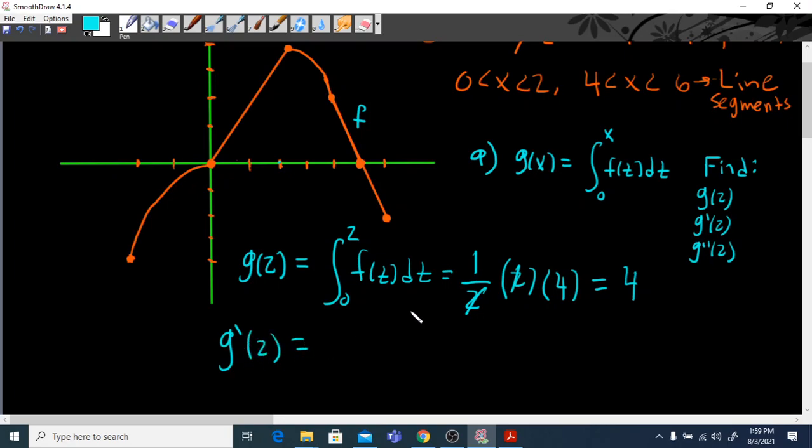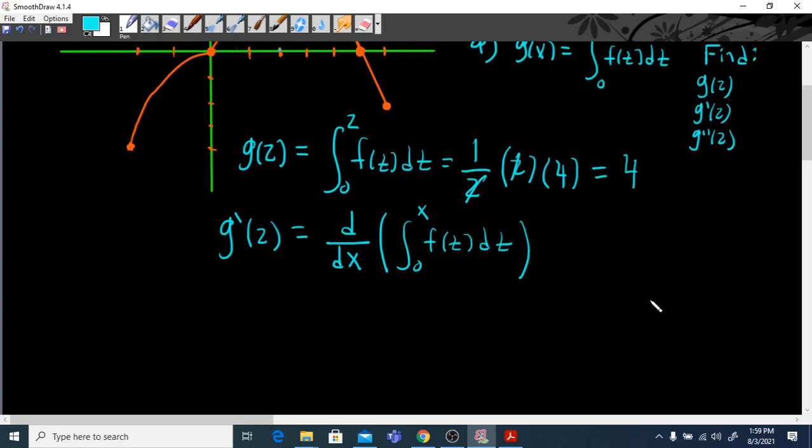Okay. Well, so that's the derivative, right? So we have to do d by dx of the integral from 0 to x of f of t dt, right? And this looks extremely complicated, but if you just remember the fundamental theorem of calculus part 2, which is already done in a previous video, check it out if you're not sure, this is just going to give us f of x. Basically, plug in the x, and then the derivative of x is 1.